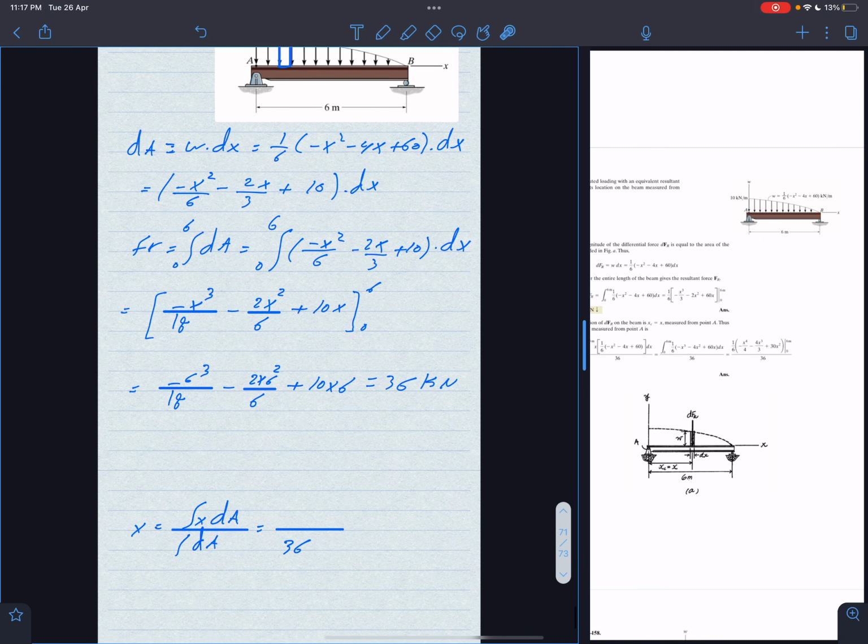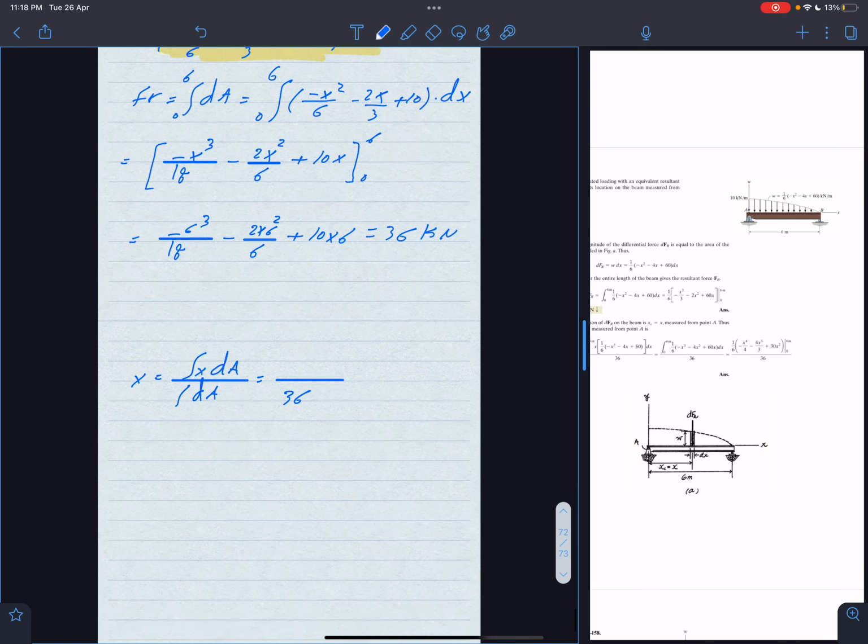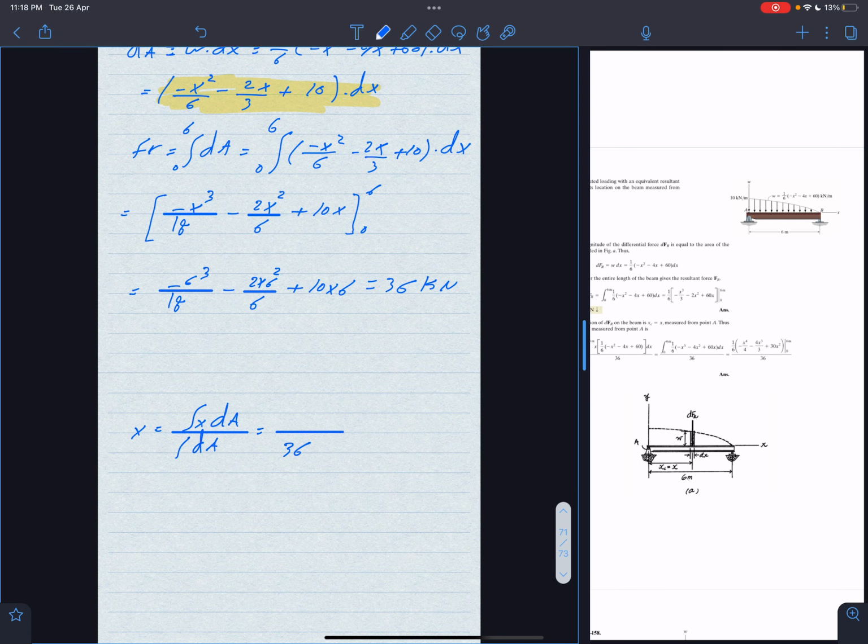So essentially, this is our delta area, so I'm going to come and multiply the whole thing with x. And that's going to be it. So it's going to be bracket negative x cubed over 6 minus 2x squared over 3 plus 10x, times delta x.